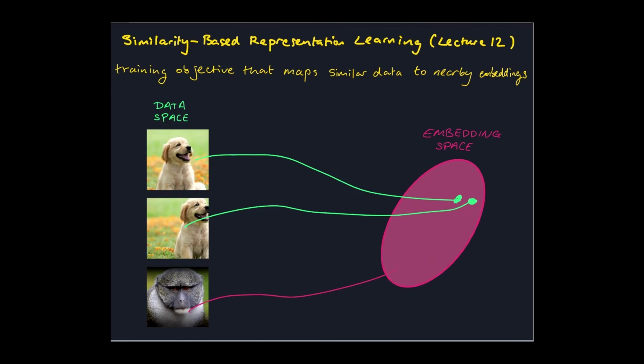And then you want to take a data point from a very different class and map it to an embedding that's far away. We call these contrastive learning algorithms, and they're good ways to learn representations. Sometimes we think of them as unsupervised ways to learn representations. But anyway, that was last lecture.